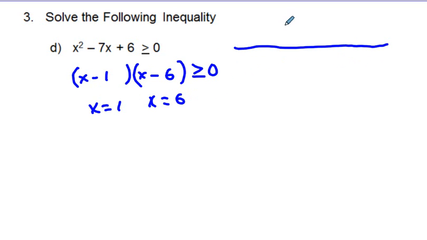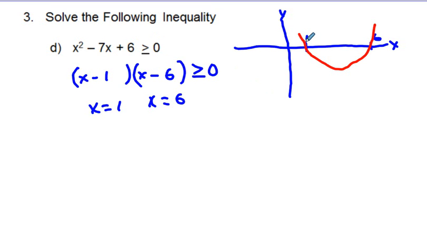So we can put an xy coordinate plane here at x equals 1 and x equals 6. And then we can draw our parabola, and we are interested where the value of the function is greater than or equal to 0.